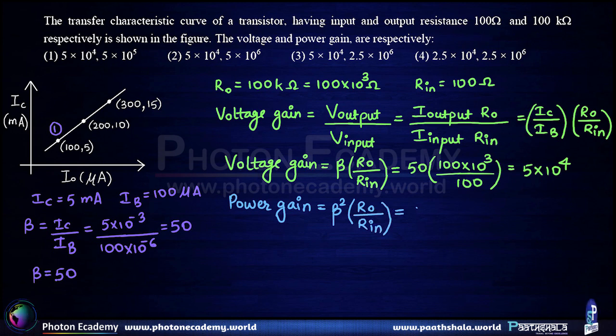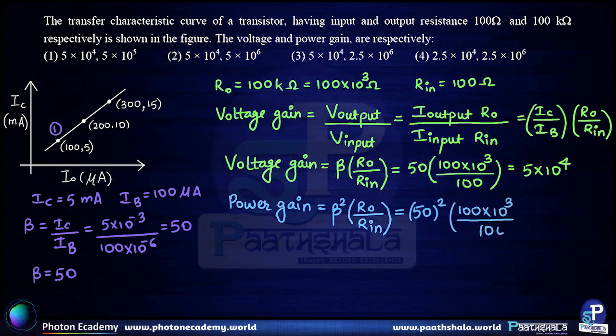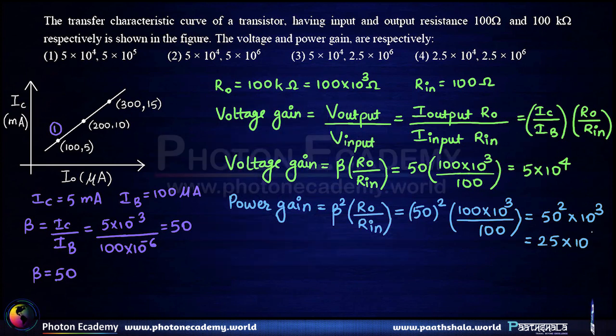Now again putting the values, we get 50 square into 100 into 10 to the power 3 divided by 100, which is 50 square into 10 to the power 3, that is 25 into 10 to the power 5. Therefore, we have power gain to be 2.5 into 10 to the power 6.